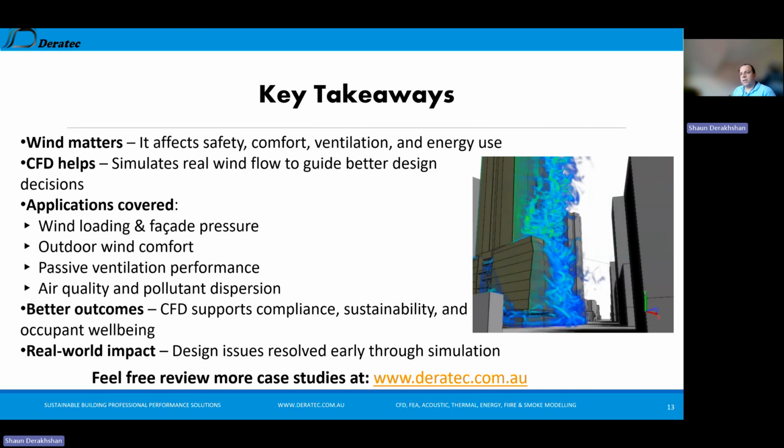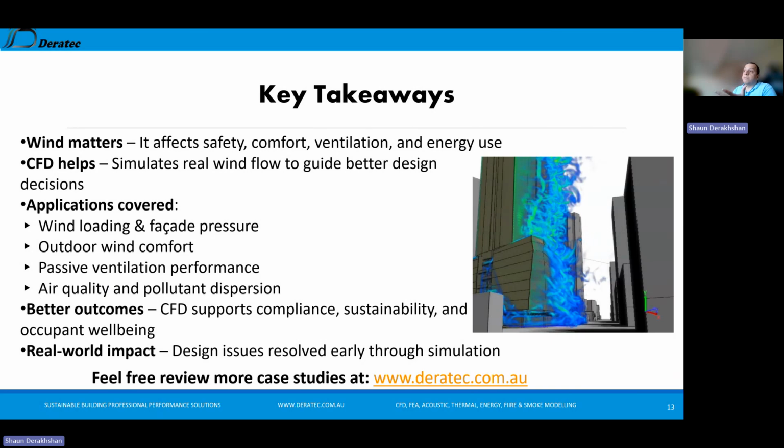Real world impact: design issues are resolved early through simulation. For example, you might pay 5K, 10K or something like that to make sure your design is good, rather than involving on-site measurement when it's late and you spend a lot of money.